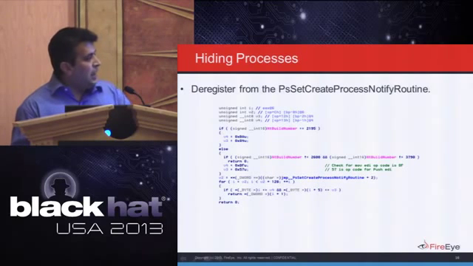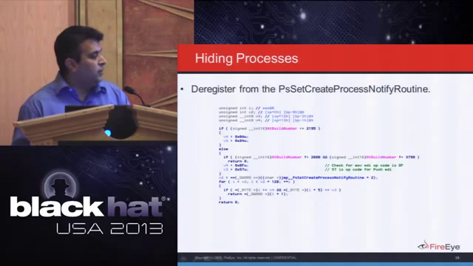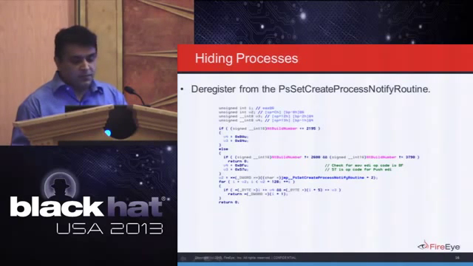So once it has been able to locate that address, it directly jumps to that address and sets all the callbacks to null. So now if any new process is getting created or deleted, there won't be any notification.